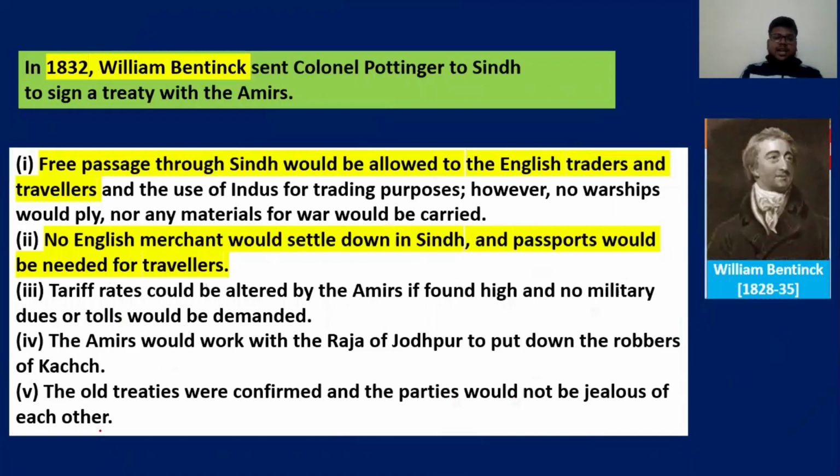Then William Bentinck signed one more treaty. He sent Colonel Pottinger to Sindh, and said to sign one more treaty with the Amirs. Now the Russian threat, or you can say the French threat, has receded because Napoleon has lost the war, the Battle of Waterloo in 1814.